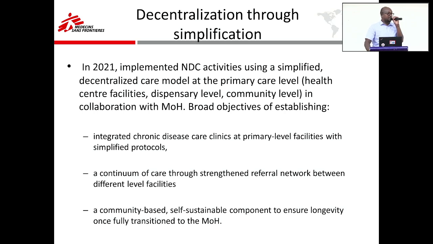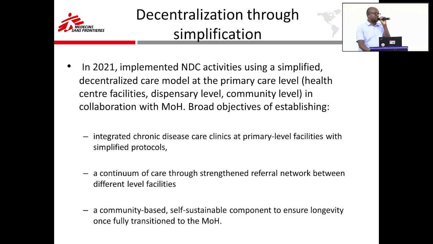As you remember from our presentation yesterday, we hardly get a doctor in level 3. Level 2, there is no doctor there. Also, as Purity said about the guideline, we had to come up with a simplified protocol. So our first objective was simplification, using simplified protocols, the algorithms, which we mostly use in MSF.